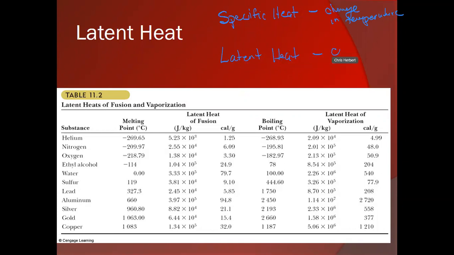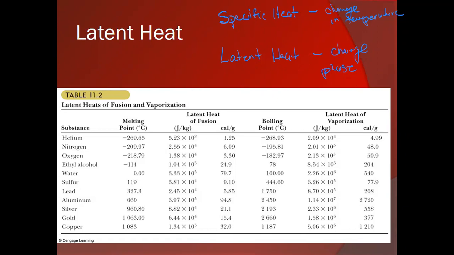Latent heat is when we change phase. We go from solid to liquid, like we're melting, or we go from liquid to solid when we're freezing, from liquid to vapor when we're evaporating, or from vapor to liquid when we're condensing.